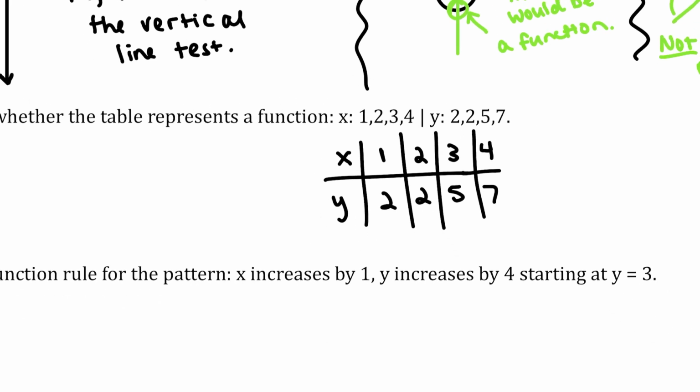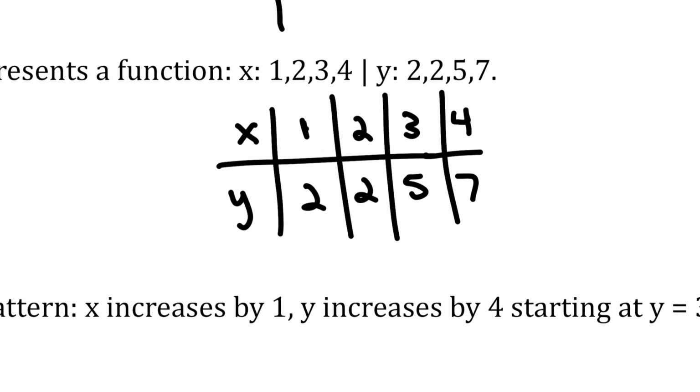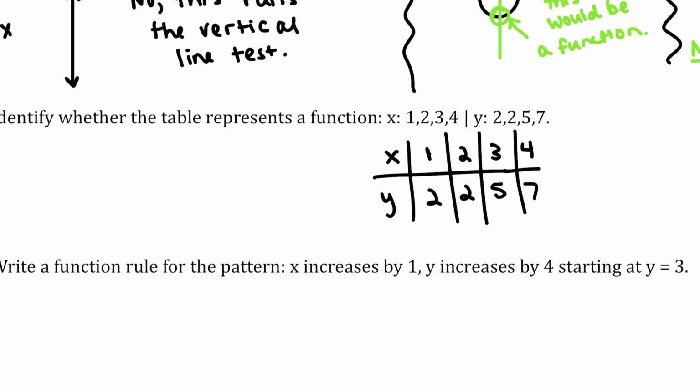So our function, does each x value go to its own y value? So 1 goes to 2, 2 goes to 2, 3 goes to 5, 4 goes to 7. Yes, every x value does have one output value. It's okay if the output values are the same. So this is a yes.